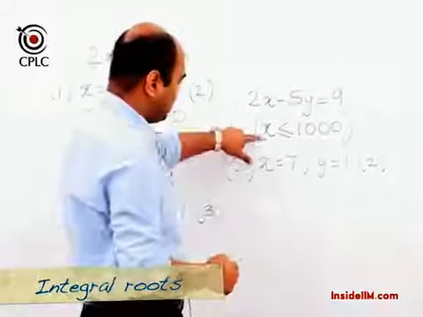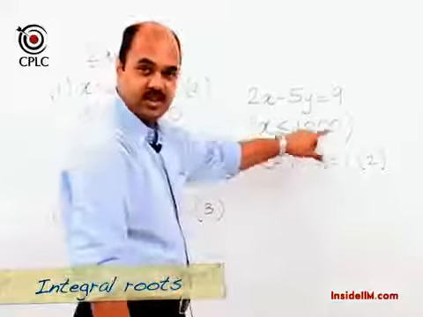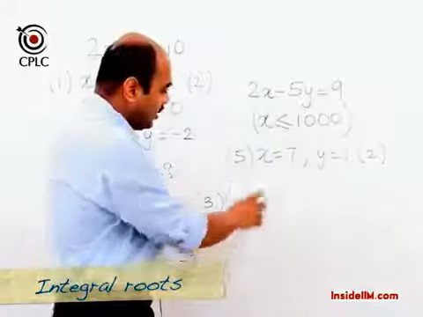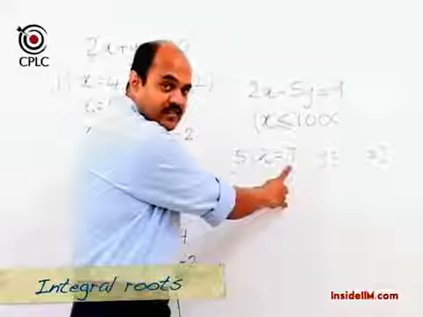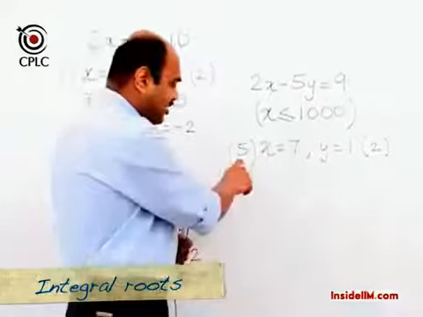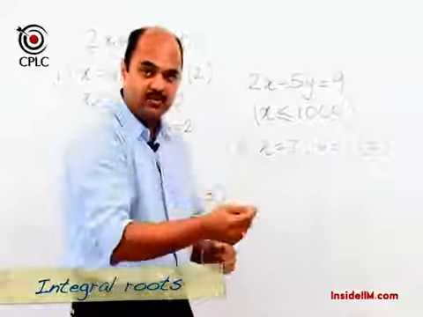Which means there is a restriction placed on x. The largest possible value of x is going to be 1000. The first value of x is 7. The next value of x going beyond would be an increment of 5, which is 12. And then the next value of x would be 17, and so on.